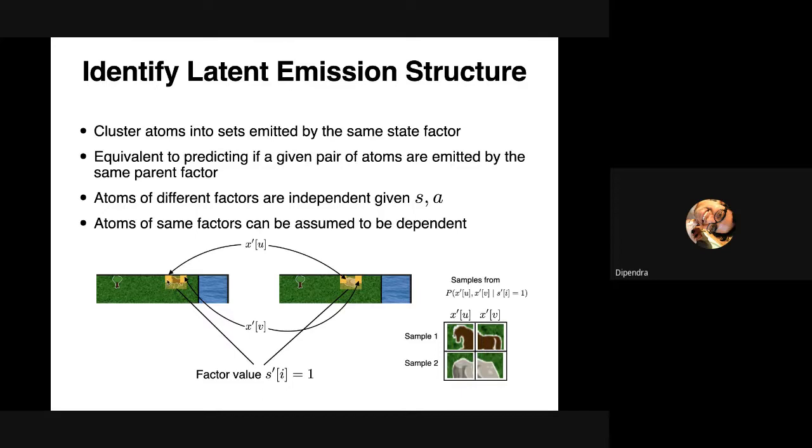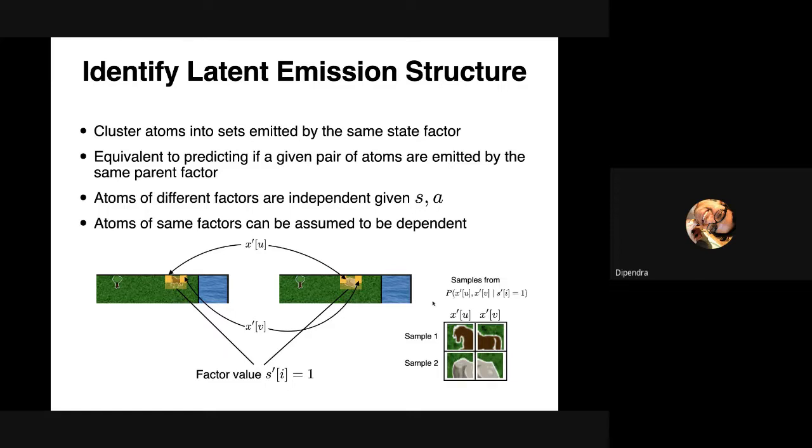When S prime equals 1, it means it's occupied. There are two values for every factor, occupied or non-occupied. And when it's 1, it could be randomly occupied with some object like a horse or a tree or a rock. In this case, these two pixels are not emitted independently, right? There will be some correlation, and this correlation essentially means that these atoms have certain inherent dependence between them.